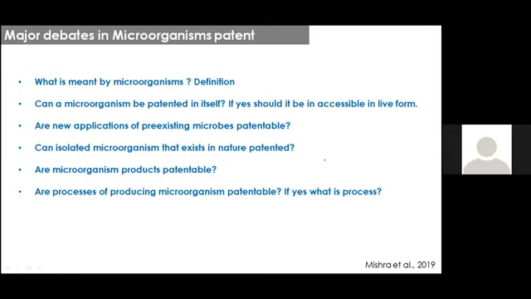And if yes, should it be accessible in live form? So a microorganism can be patented. Several Western countries have the provision of patenting the isolated microorganism. However, India does not allow that unless there is any genetic modification in the microbes. And yes, it can be accessible through a culture collection center approved by the International Depository Authority, that is IDA.